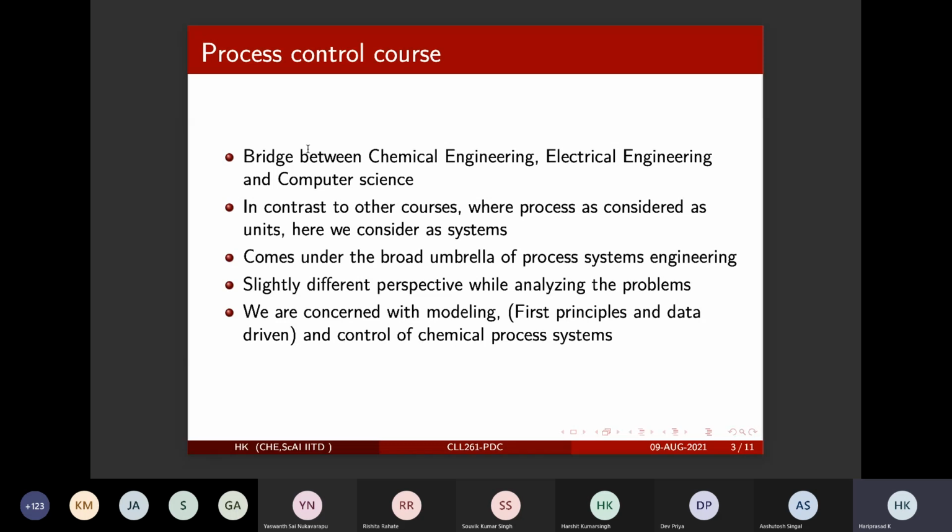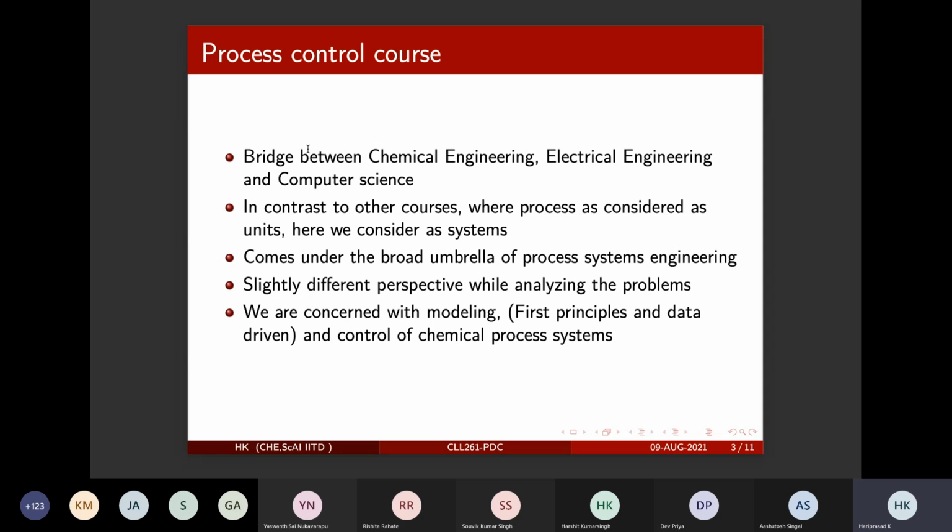So why this course? The process control course is slightly different compared to the other courses that you have learned or are going to learn in your curriculum, be it biochemical or chemical. The content of this course would be most closely related to electrical engineering and some amount of computer science.